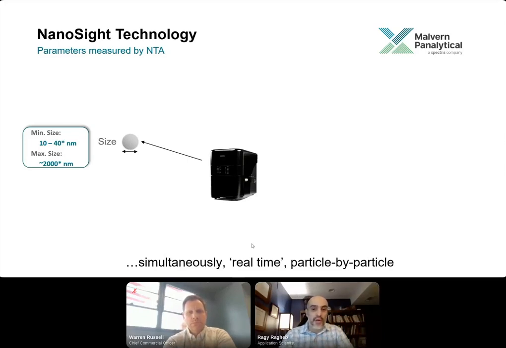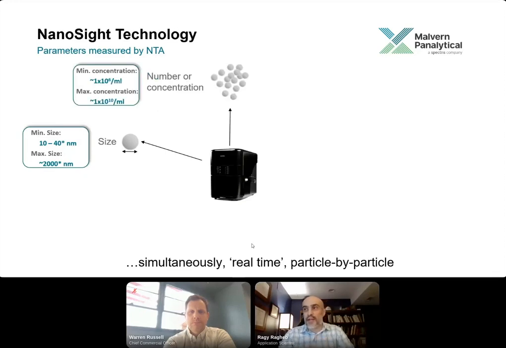Nanobubbles might go down to about 30 or 40 nanometers, depending on what kind of gas or air is loaded in. And then the upper range has to do with anything that's going to retard the Brownian motion. So the upper limit could be about 2,000 nanometers or so. Anything that's going to be too slow for analysis might dictate the upper limit.